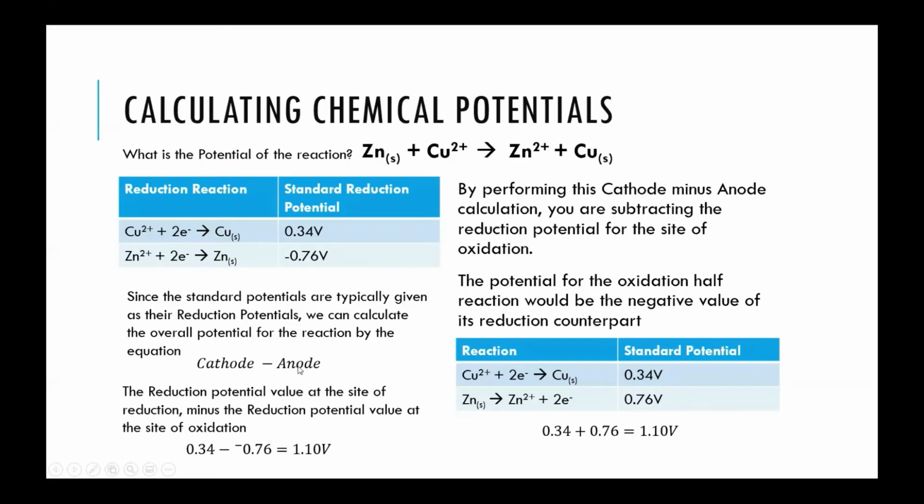The anode is where oxidation occurs. And the reduction potential of the zinc reduction reaction is negative 0.76 volts. So it's cathode minus anode. So it's 0.34 volts minus a negative 0.76 volts to give an overall voltage of this reaction as 1.1 volts.